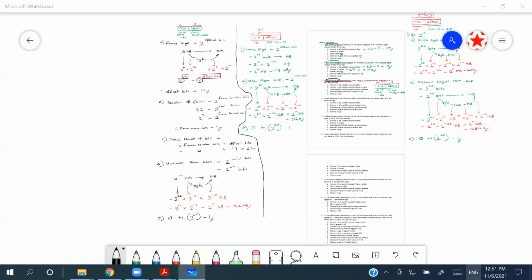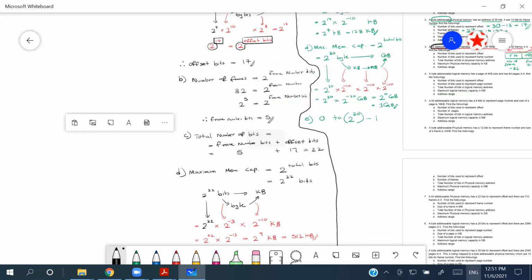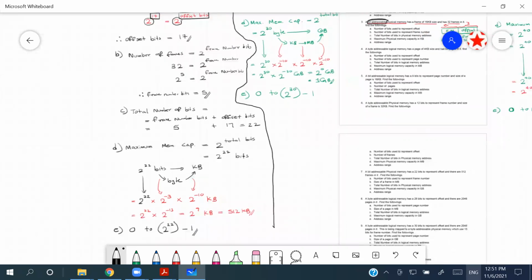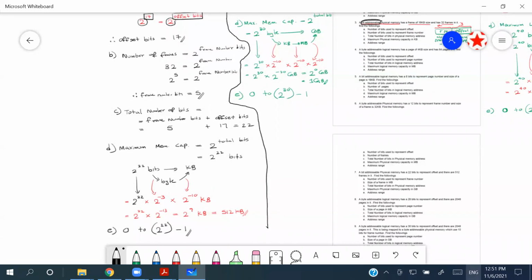Right. Lindy, I received the fifth answer. Let me see. In the fifth it says it's a bit addressable logical memory, 8 bits for page number. Okay, let's see.